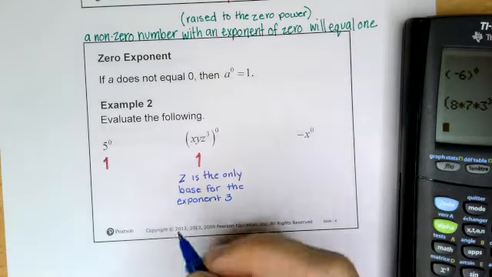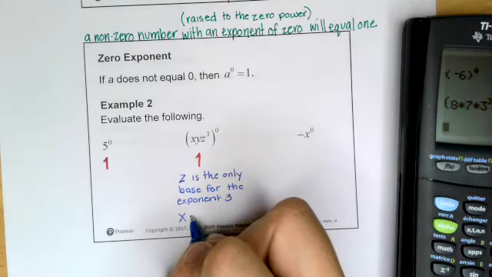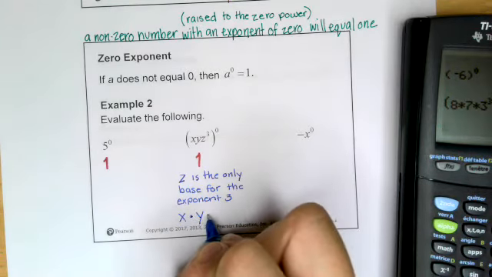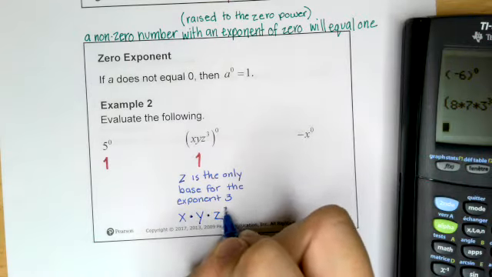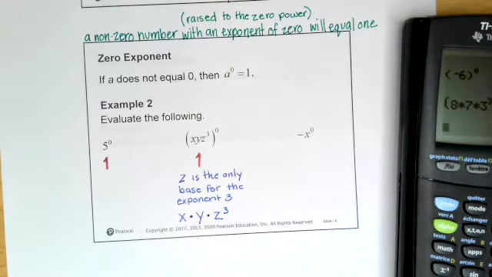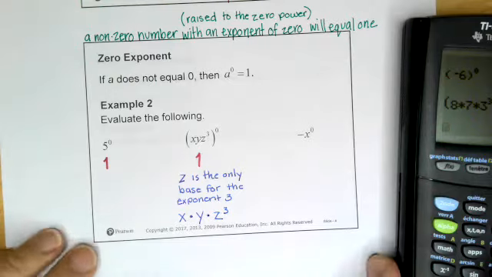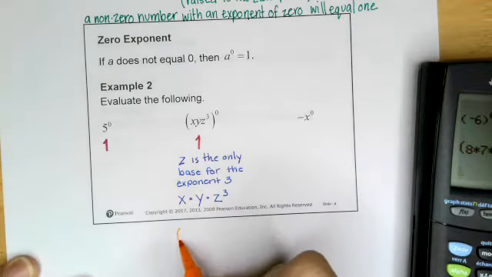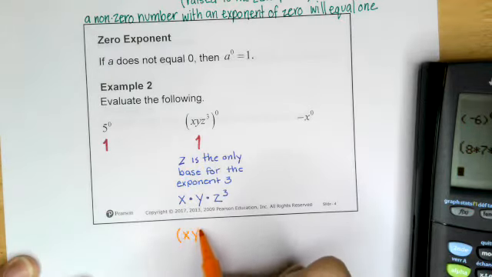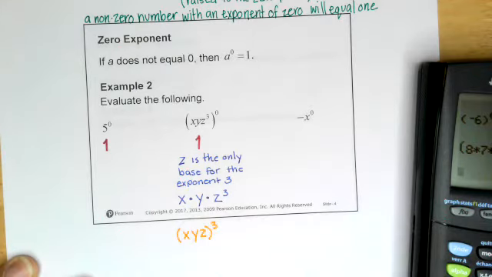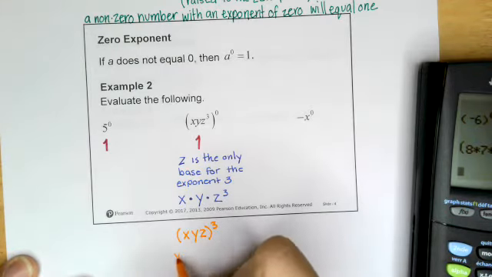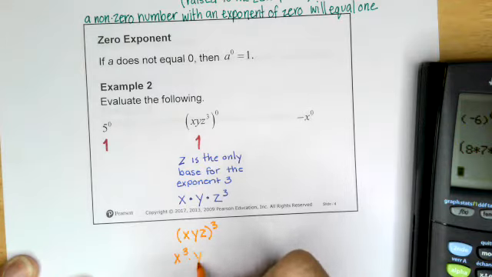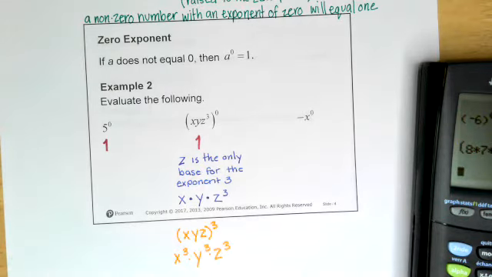So when I stretch it out, I said x times y, no 3, times z to the 3rd, okay? If it looked differently, if it looked something more like x, y, z all to the 3rd, then it would be x to the 3rd times y to the 3rd times z to the 3rd, okay?